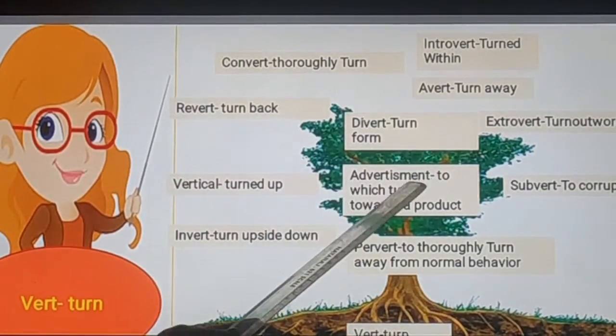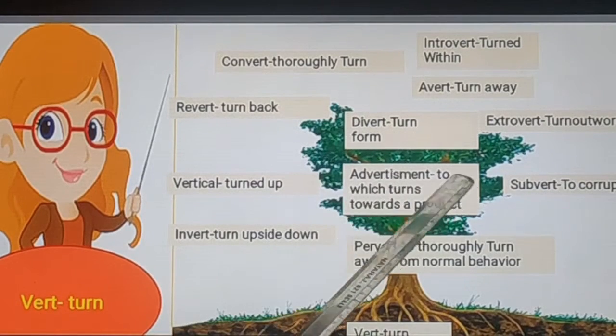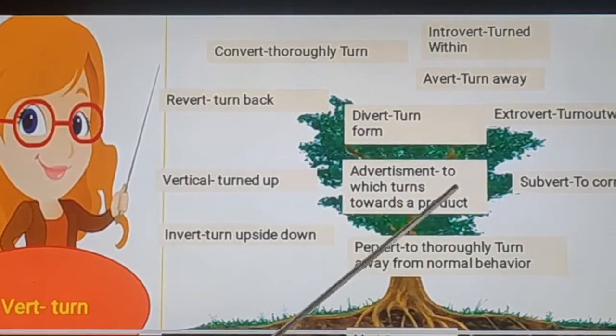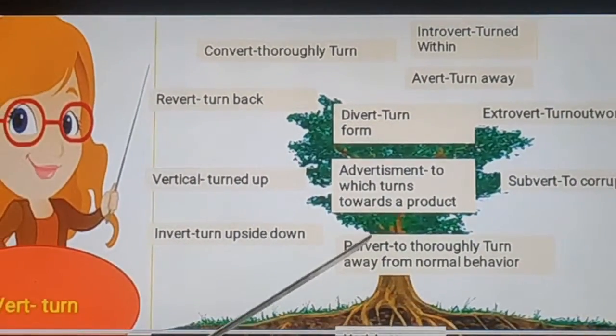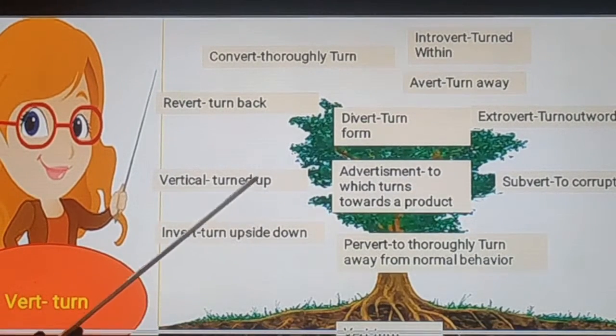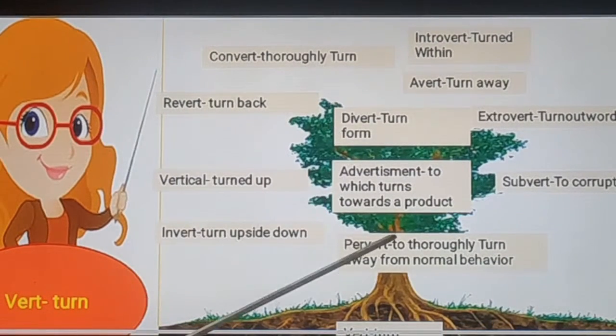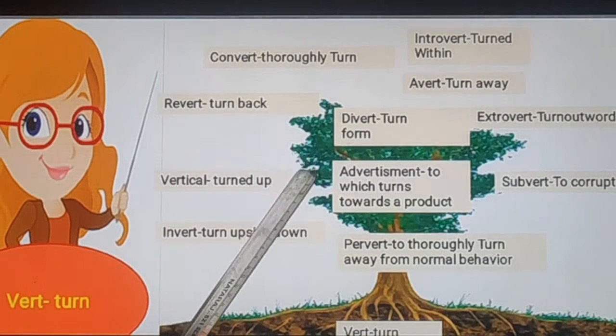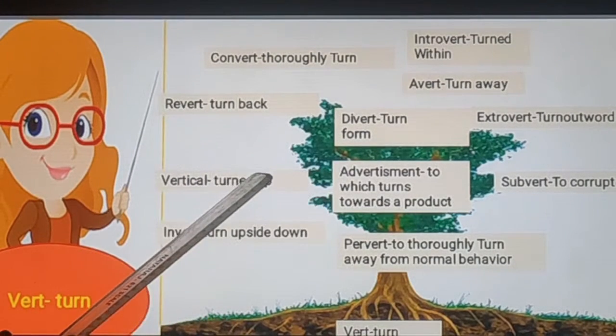Okay. Now, advertisement. Advertisement is that which turns towards a product. You already know advertisements from TV shows, in between serials and movies, in the middle of movies and serials.